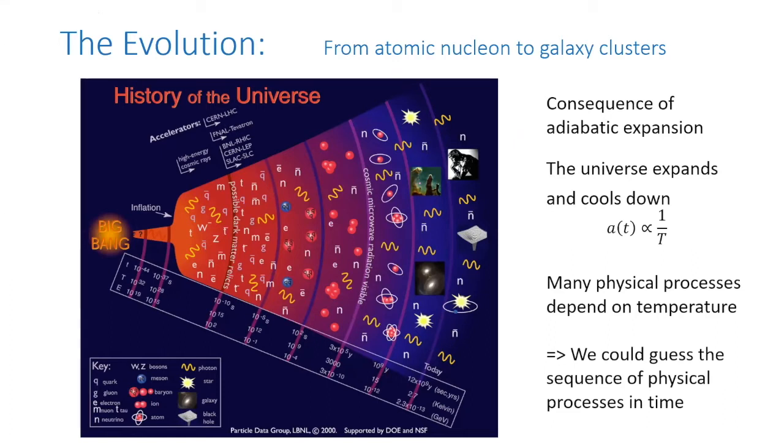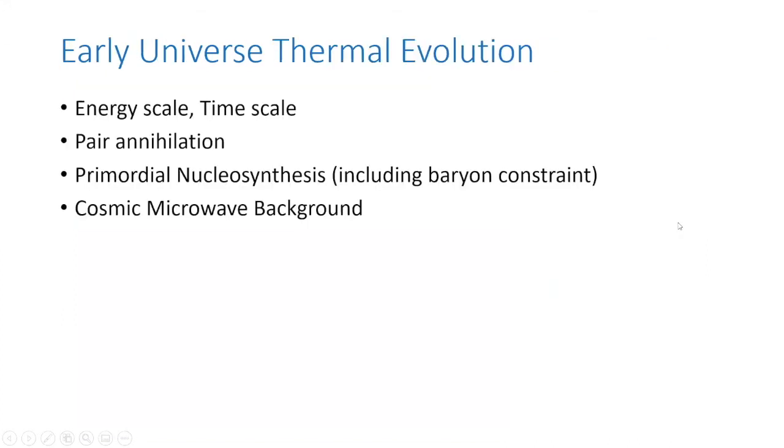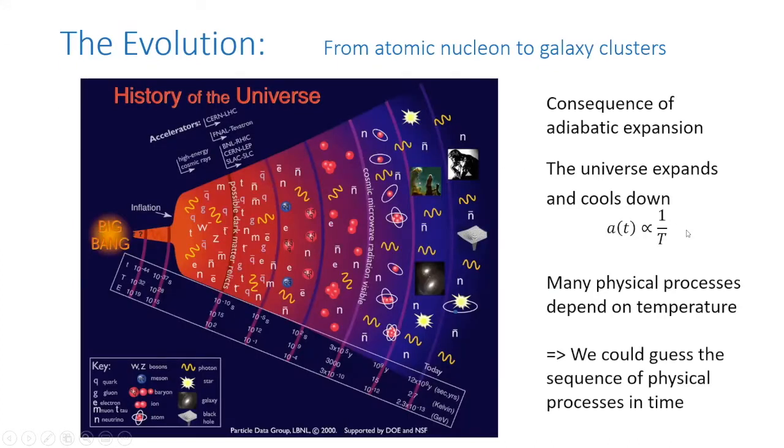Now, if we associate the energy density with temperature, that means that as the universe gets bigger, the temperature goes down. So the scale factor as a function of T goes in an upside-down manner with temperature.